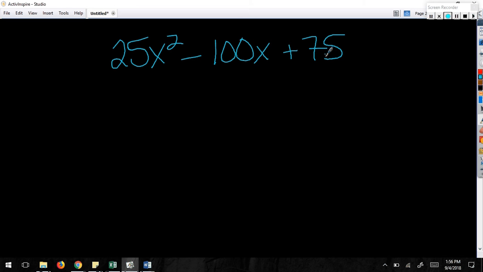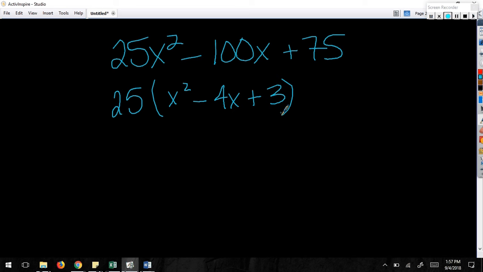GCF. 25. 25 is the GCF here. So if I take a 25 out, yes, when you find a GCF, not always by the first one. I'll show you one in a second that's not the first one. What's left? X squared minus 4x plus 75 divided by 25 is 3.